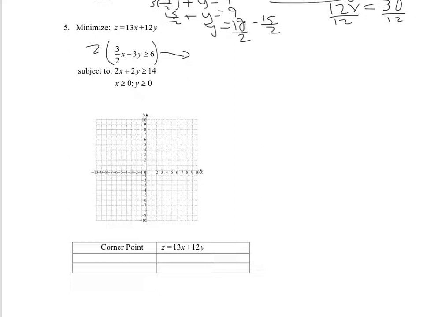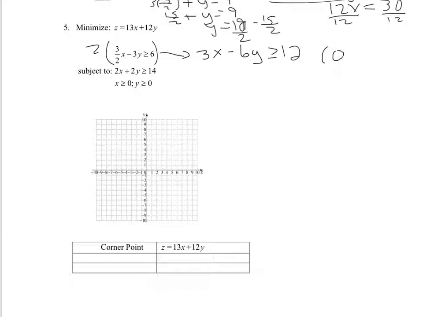So when we multiplied by 2, this turned into 3x minus 6y is greater than or equal to 12. And we came up with, if we used intercepts, and again, I'm just going to refer you back to look at this in 5.1, 5.2 if you need to see the work again.